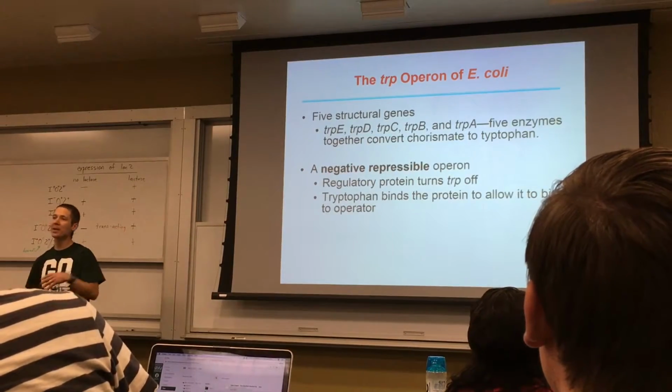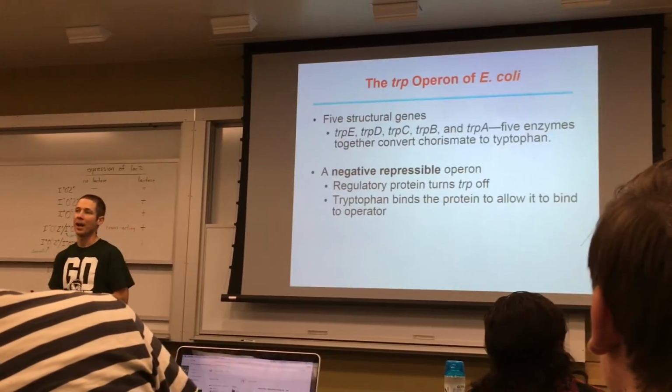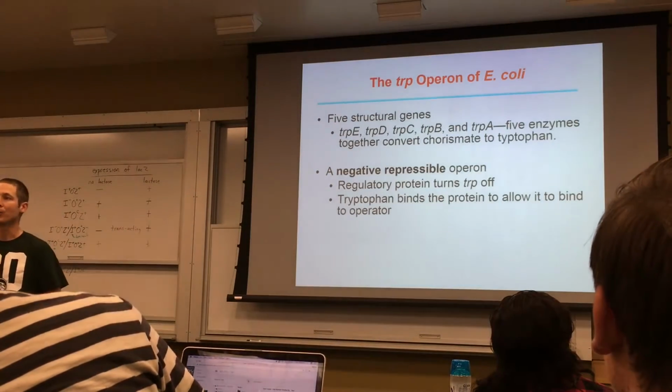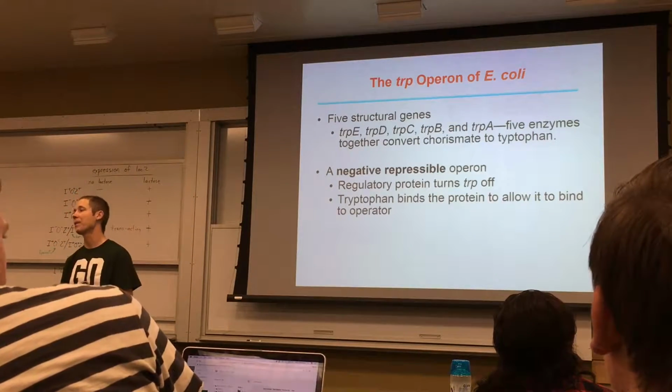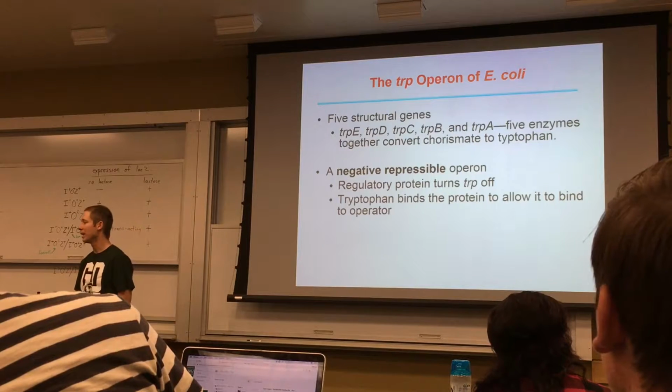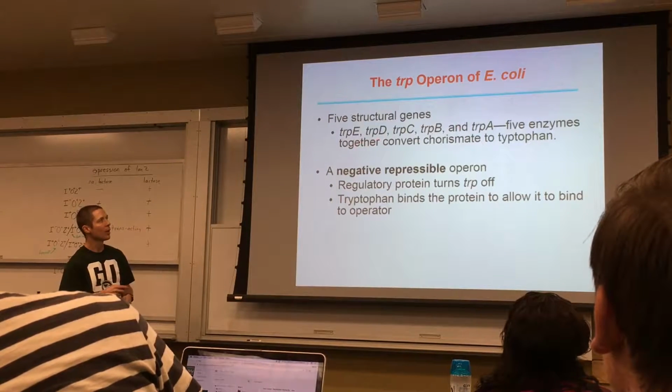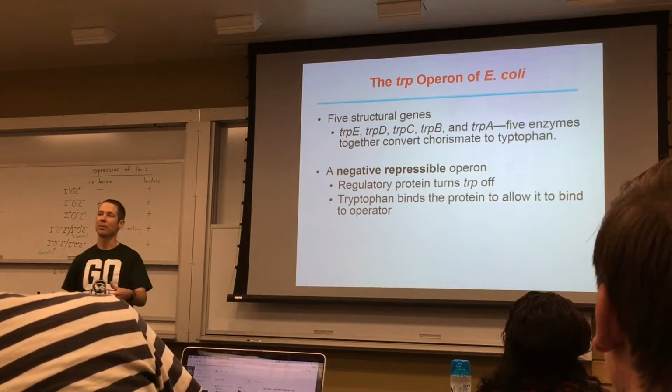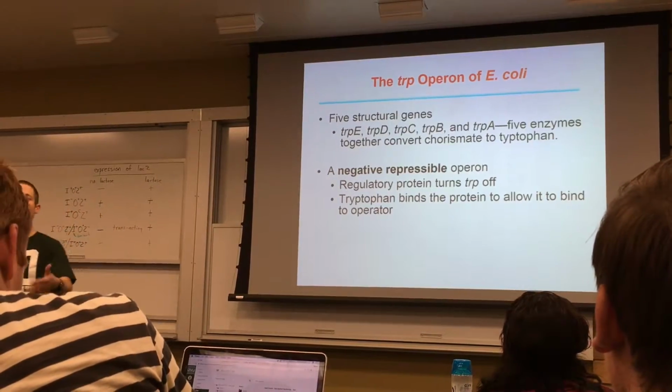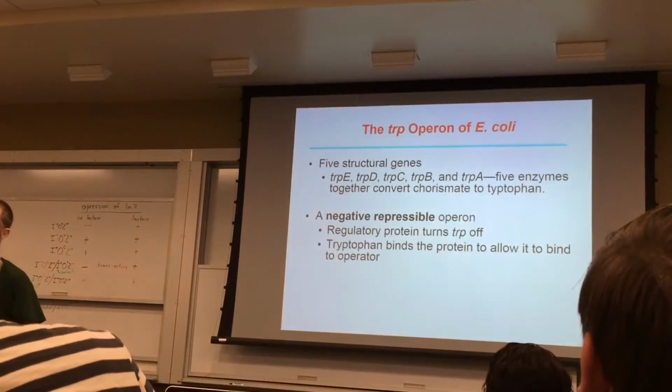Okay. So this is another system that the cell has to essentially prevent producing something that you don't really need. So these genes work together to help produce tryptophan. And if you think about it, there's only so much tryptophan you really need. Once you get to a certain point, you don't want to make more.